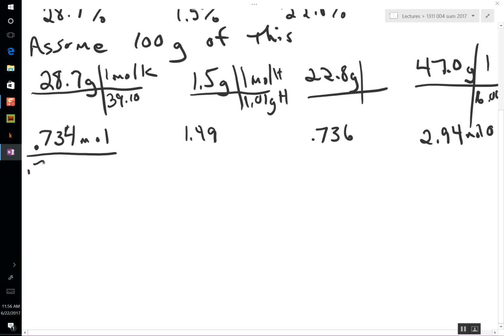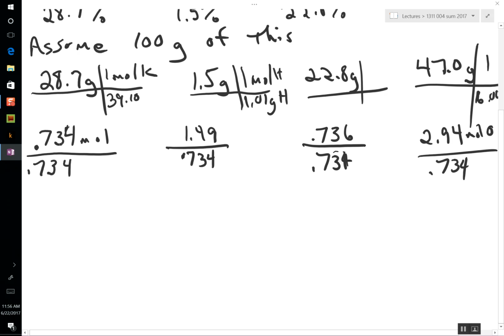Take the smallest number and divide all of these by that number. And what does that do? That converts that into the number 1.